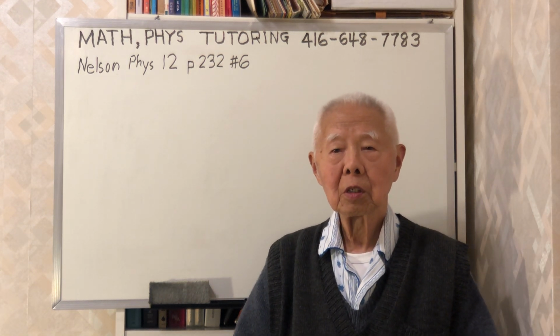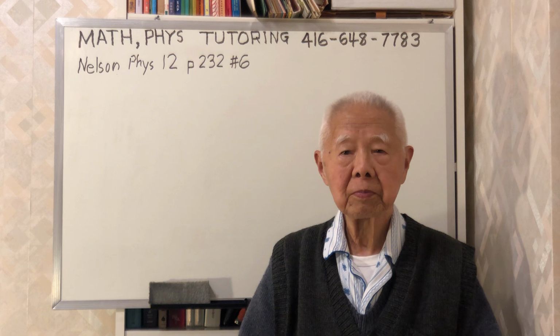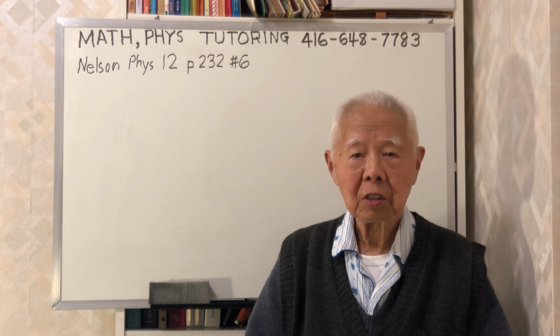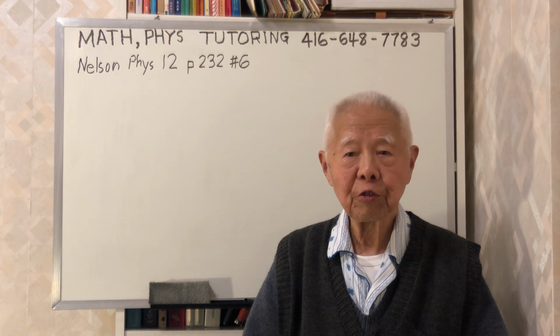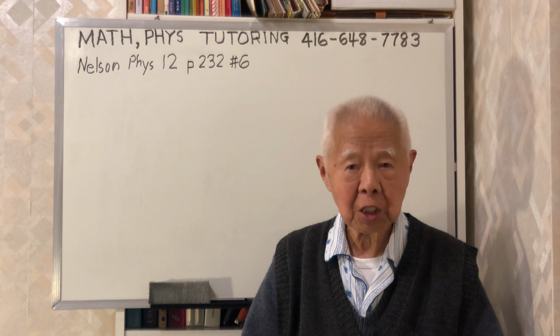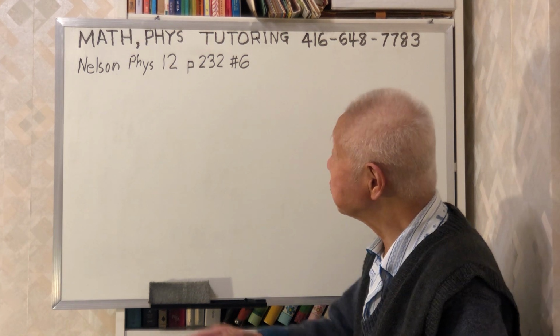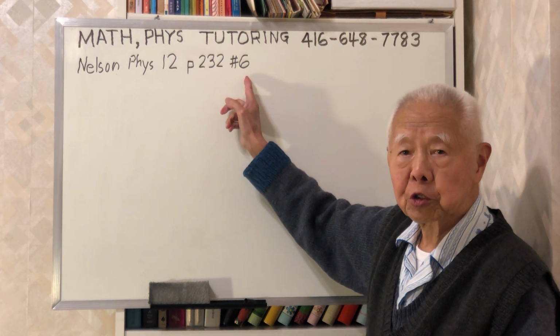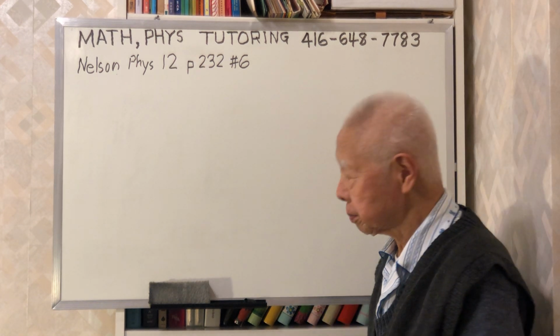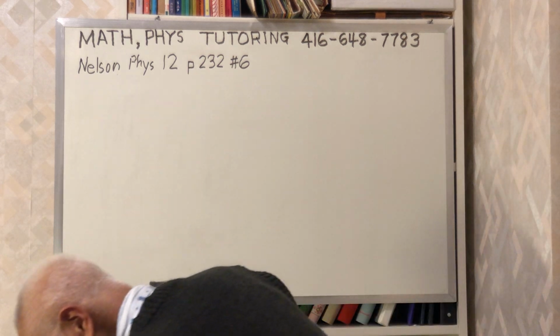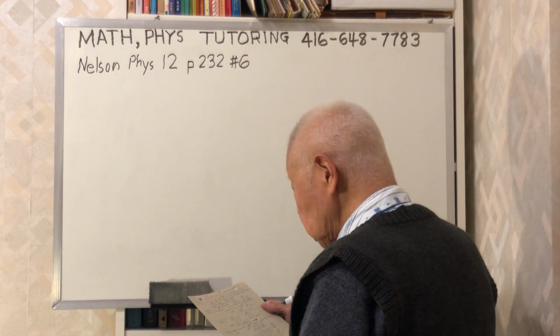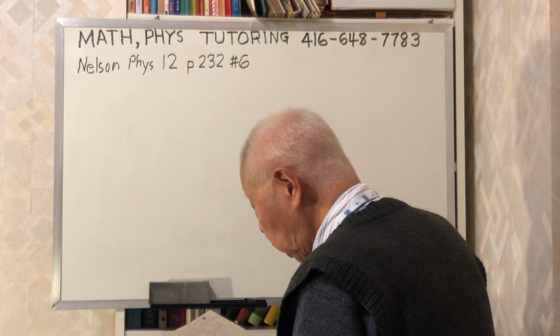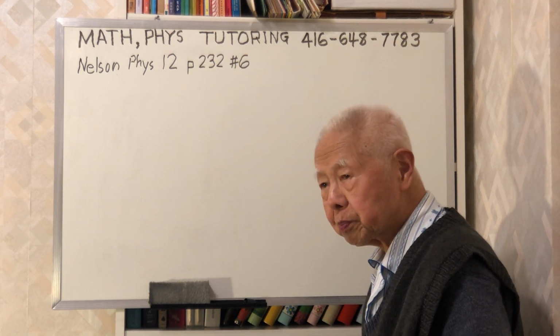Hello. Today's lecture is from the Nelson Physics 12 textbook, page 232, question number 6. There are two objects.